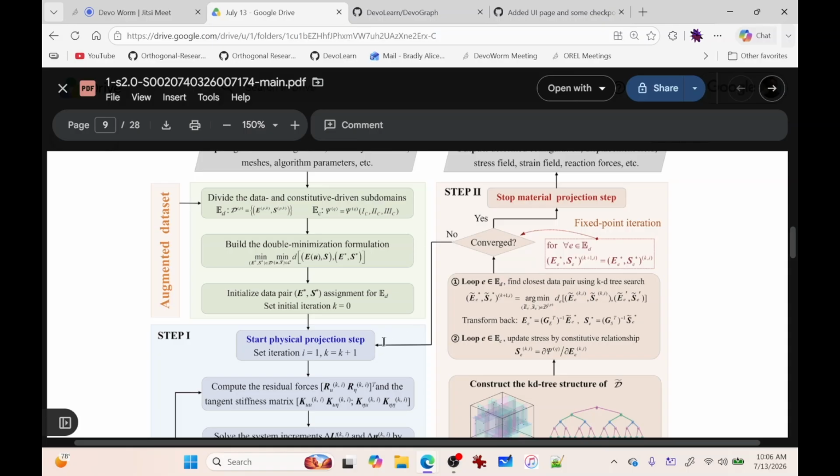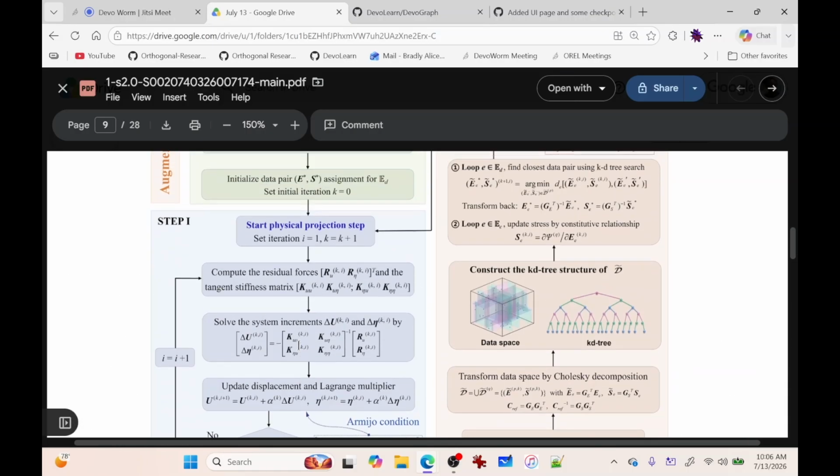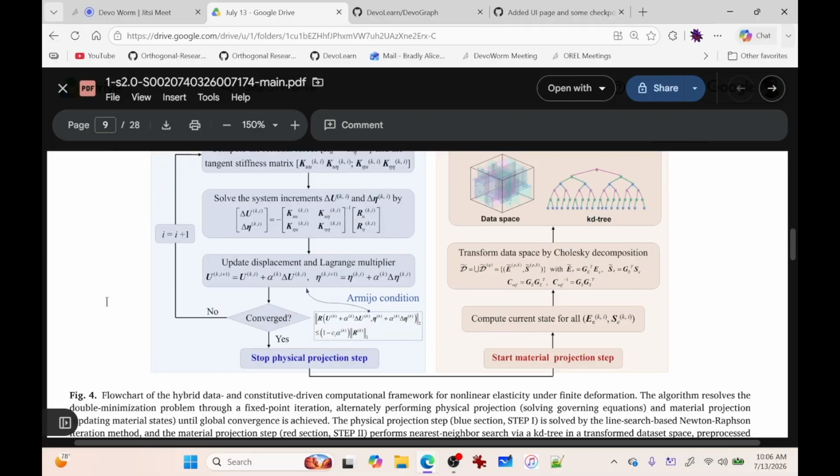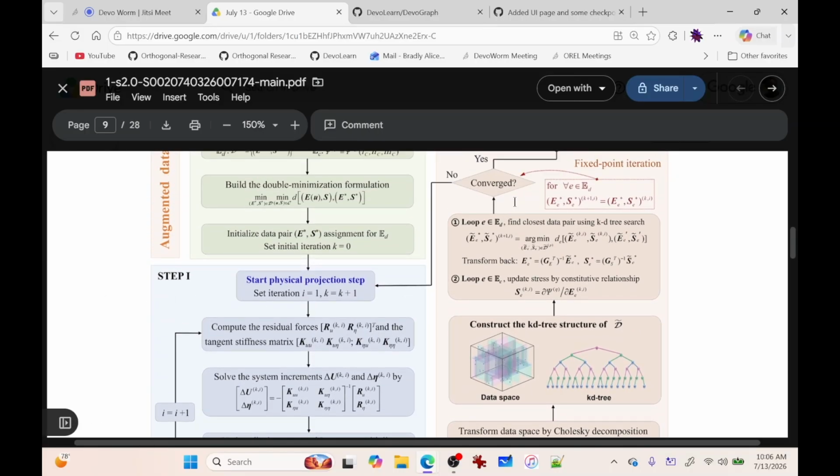If it doesn't, then we go back to step one of the physical projection. So if we can't get our solution to work there, we go back to the physical projection step, rerun that, and then rerun the material projection step until we get something that converges. So you see there's this nested loop, or this dual loop, within this approach.